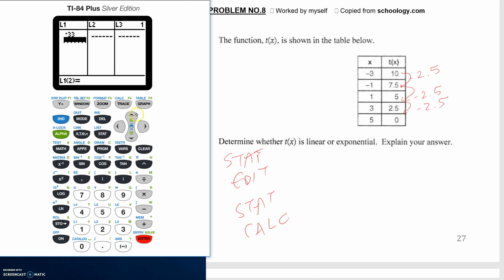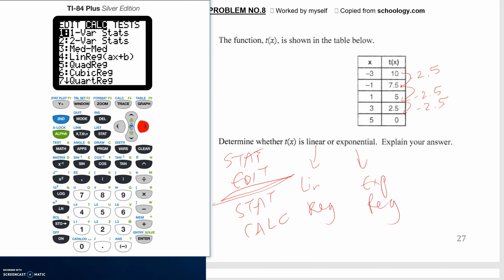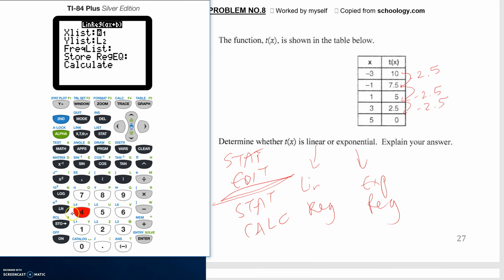First in L1, and in L2. Once we have that data in, now we're going to calculate two different things: LinReg versus ExpReg, exponential. So we go to stat, calc, and 4 is LinReg.